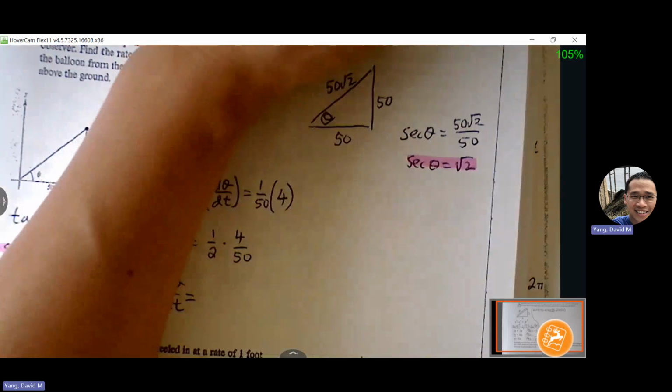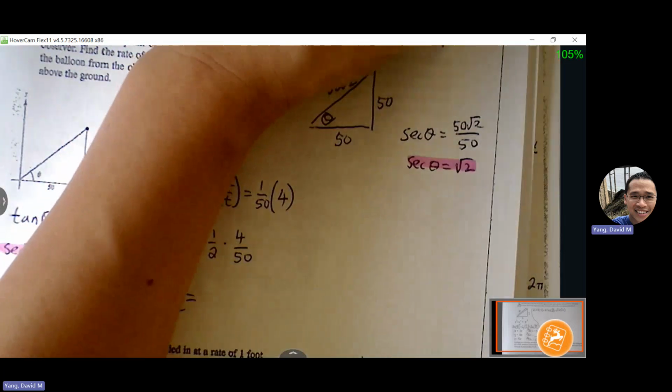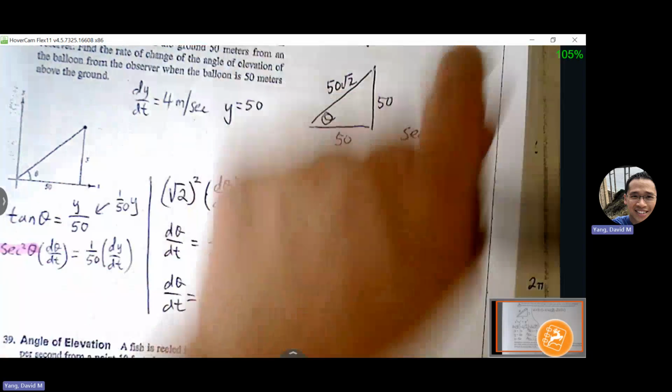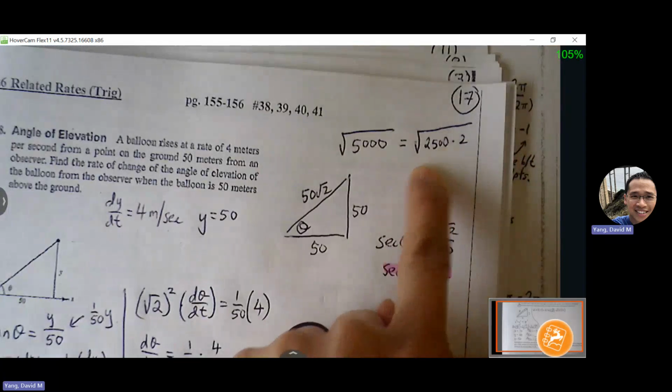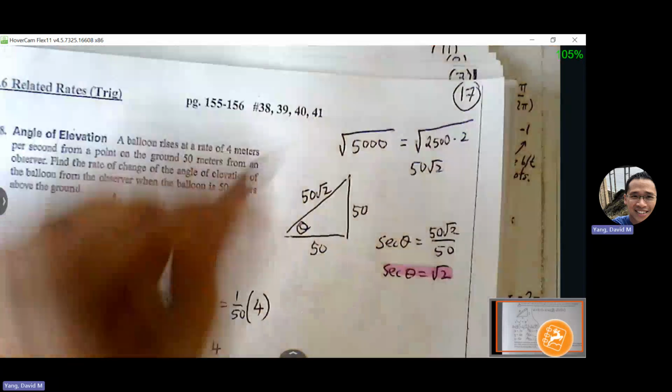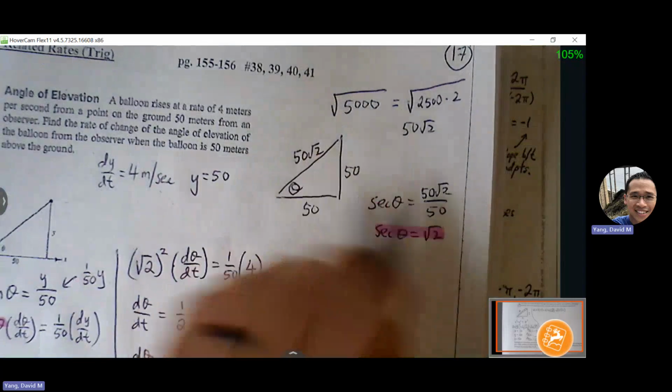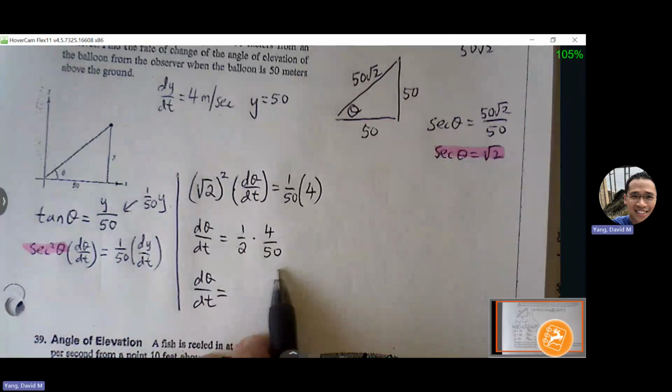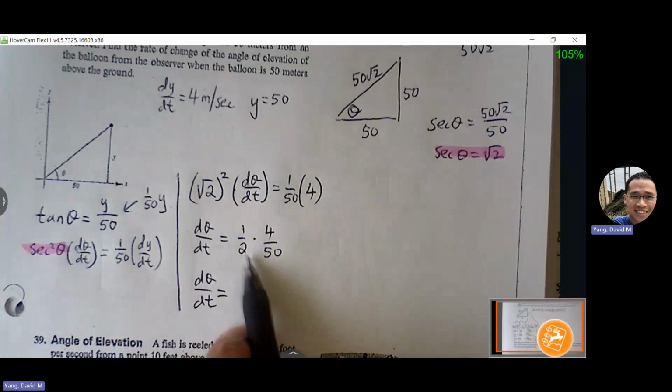So yeah, 5,000 is the same thing as square root of 2,500 times 2. And 2,500 is a perfect square, so we can pull that out as 50. Root 2. So can I leave it? Yes, you can leave it as square root of 5,000. And once you square it, it'll come out cleanly to be just 2.